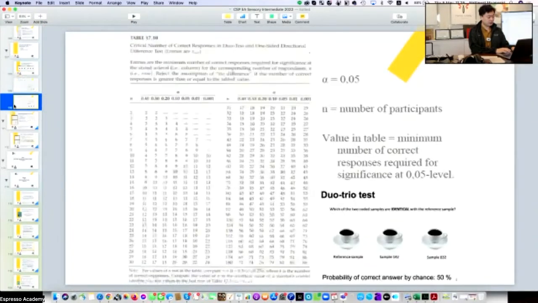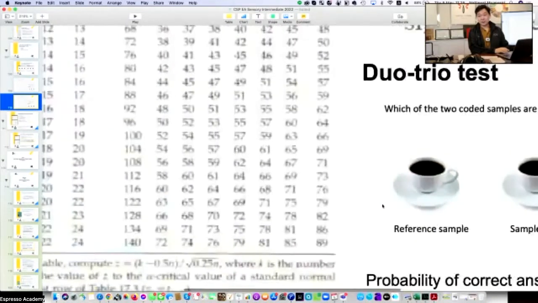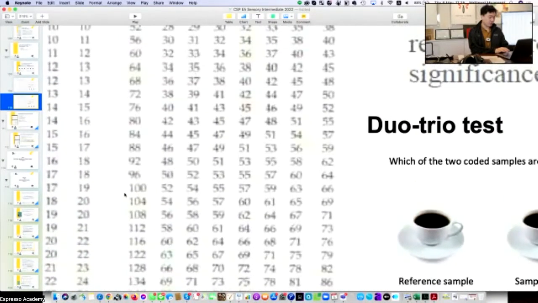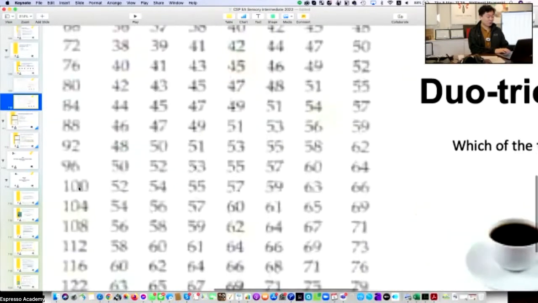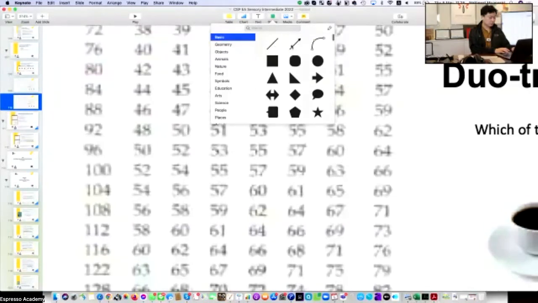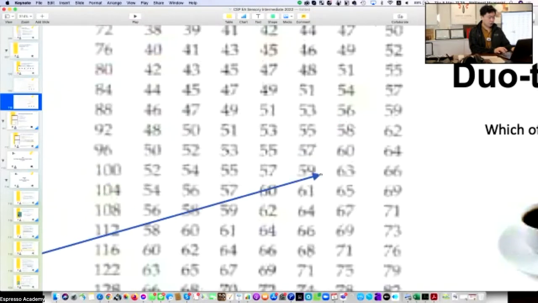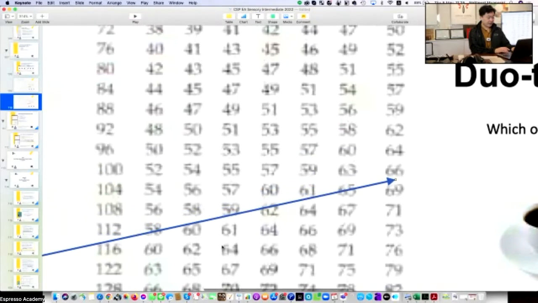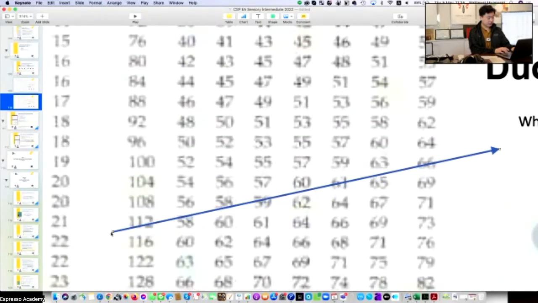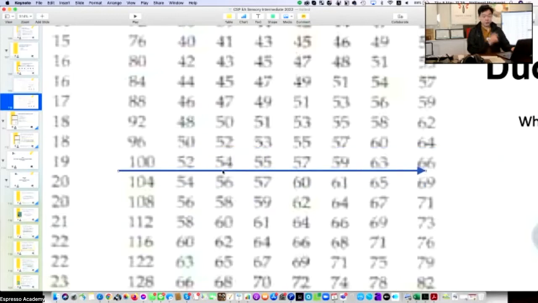So let's look at the number for 100 assessors. How much data do they need to make it believable? This is the duo trio test, and the duo trio test has its own table. For example, for 100 people to make it reliable, you can see 100 here in the table, you will need at least 66 correct judgments.